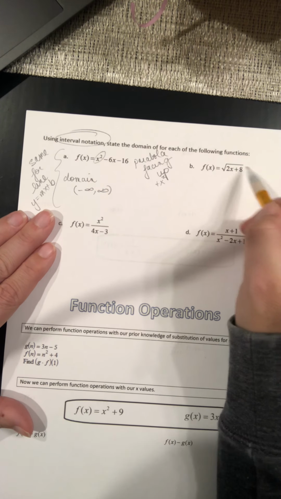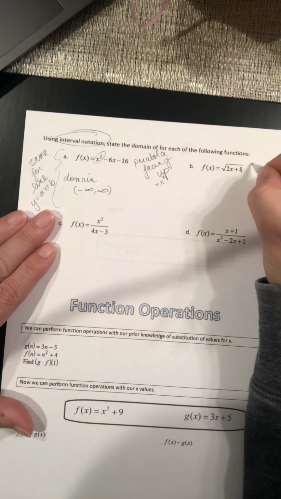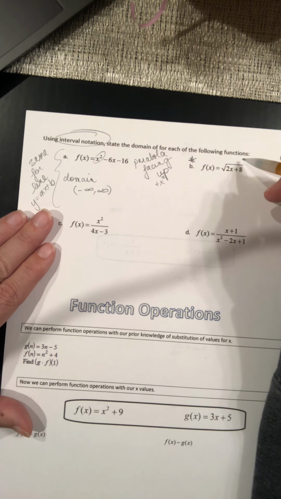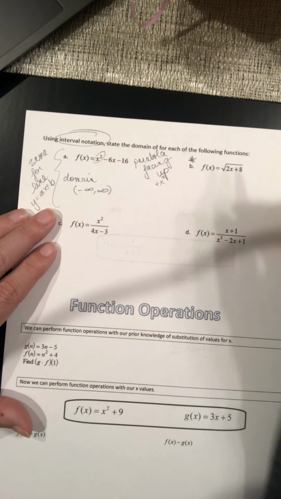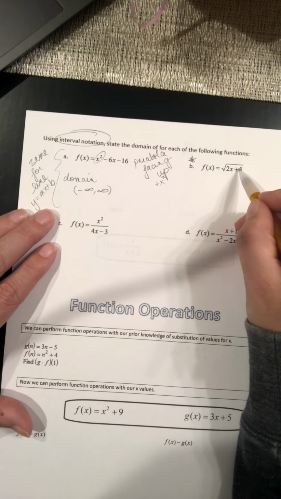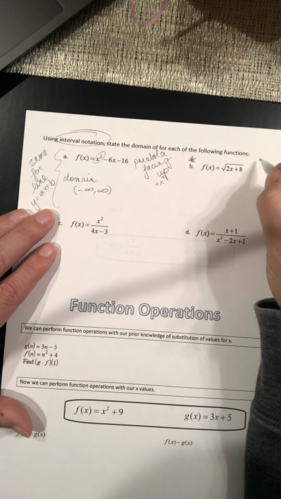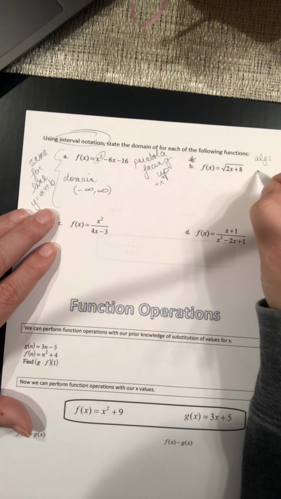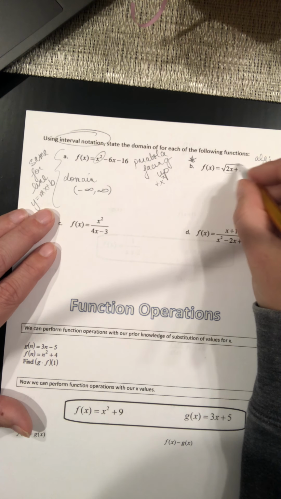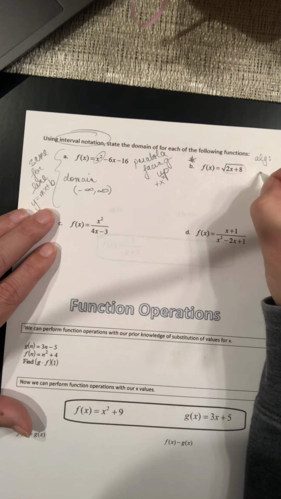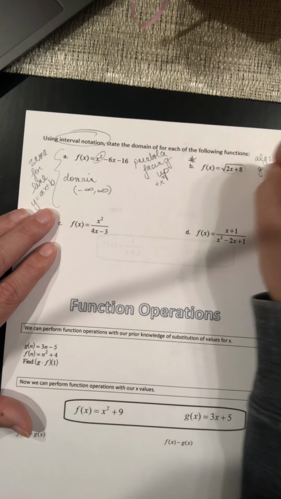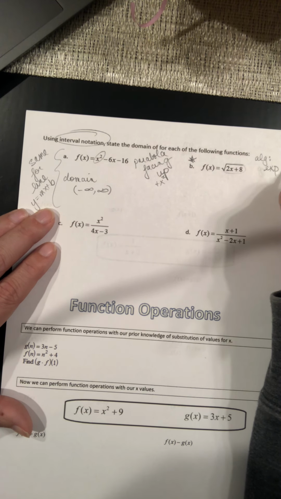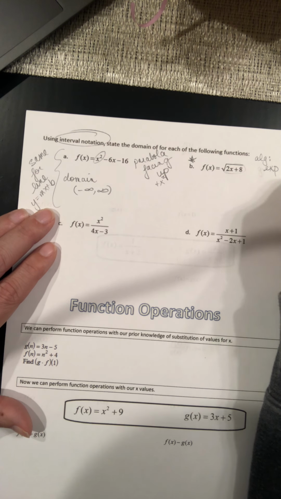Now this guy is a square root function. So this, let's star that, should make you think there's an issue here, okay? You can't take the square root of a negative number. So algebraically, what you're going to do is take what's underneath the radical, and you're always going to make it greater than or equal to 0, right?